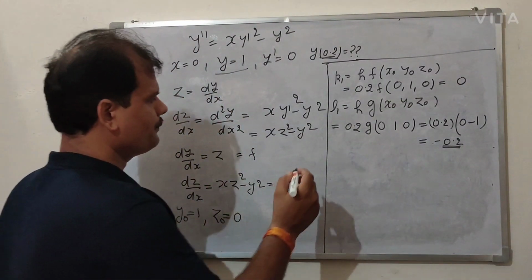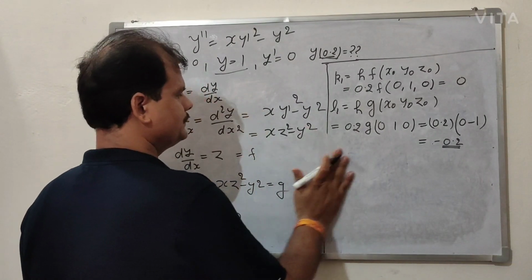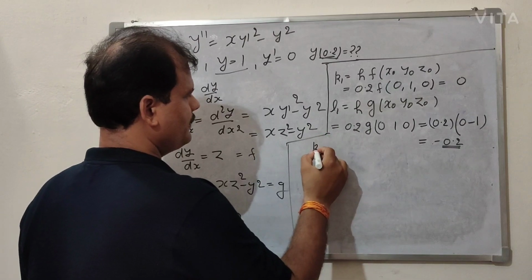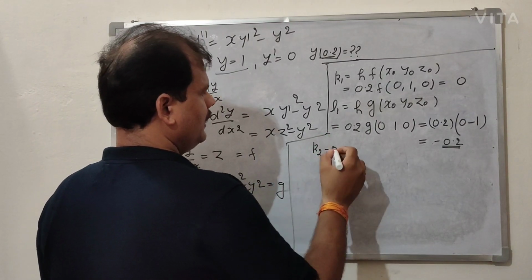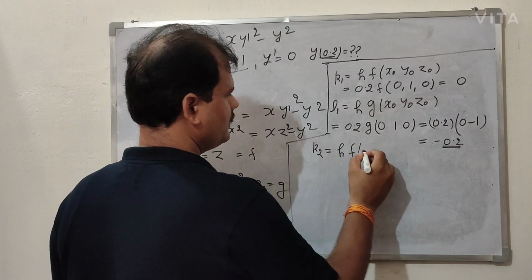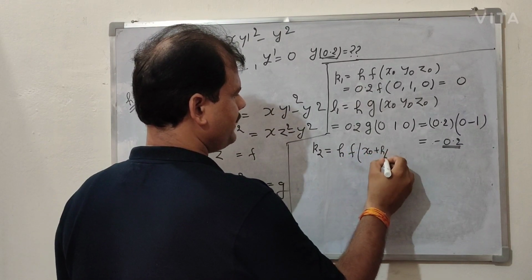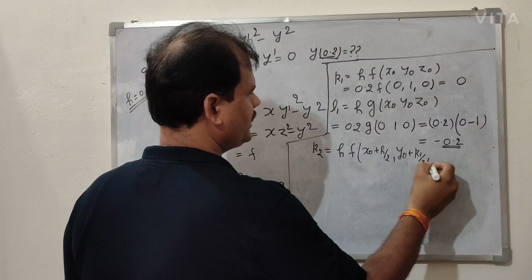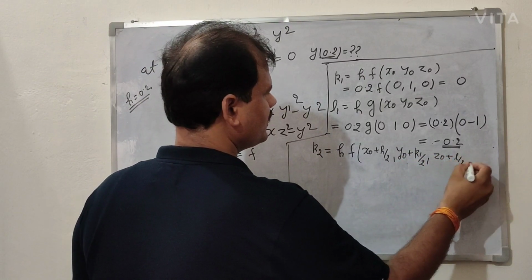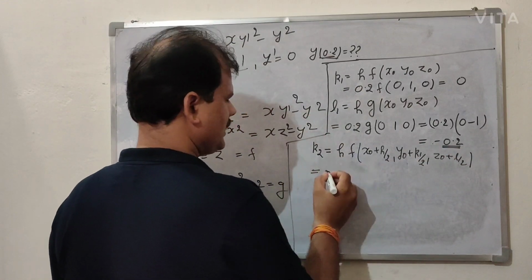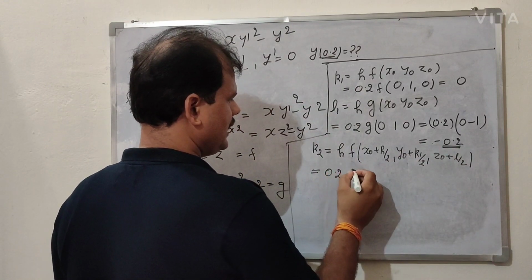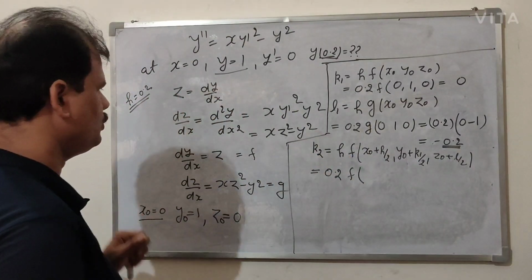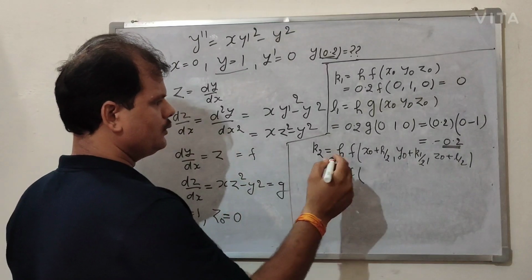Fine. Now let us try to find the k2. So k2 will be h f of x0 plus h by 2, y0 plus k1 by 2, z0 plus L1 by 2. So h equal to 0.2, and f of x0 equal to 0 plus h by 2, so 0.1.